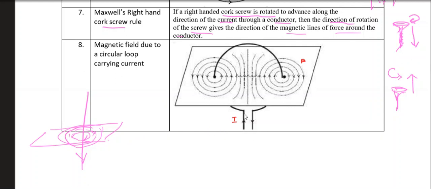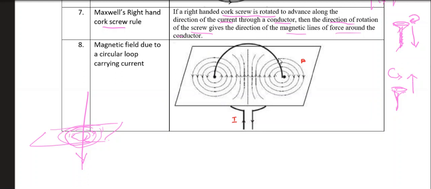But when it goes in the form of a loop, what will happen? Here the current goes inside, goes like this. Now it comes here and down. When it goes up outward, it is in the anti-clockwise direction. Do you understand this?